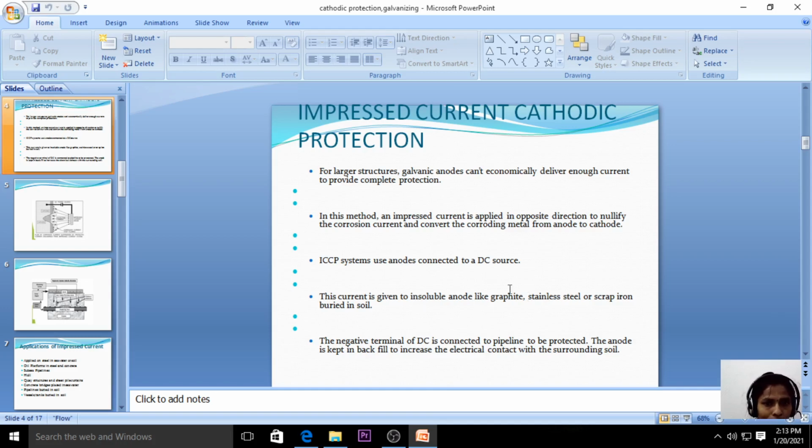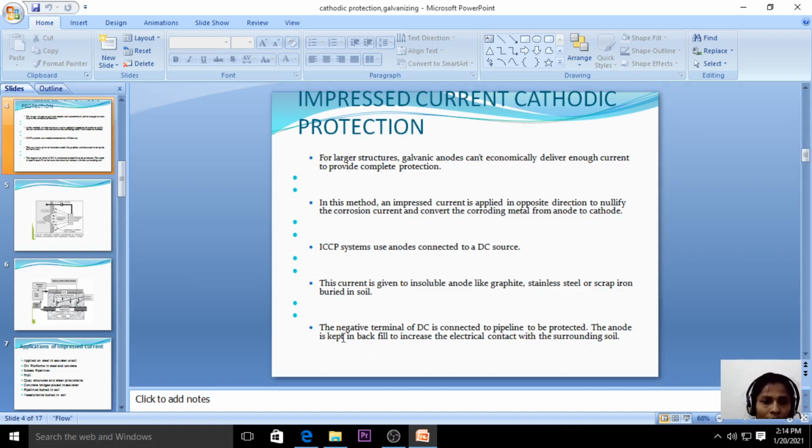So these are placed in the soil, and the metal that was previously acting as the anode underground is converted to the cathode. Now the negative terminal of the DC is connected to the pipeline to be protected. The anode is kept in backfill to increase the electrical contact with the surrounding soil.